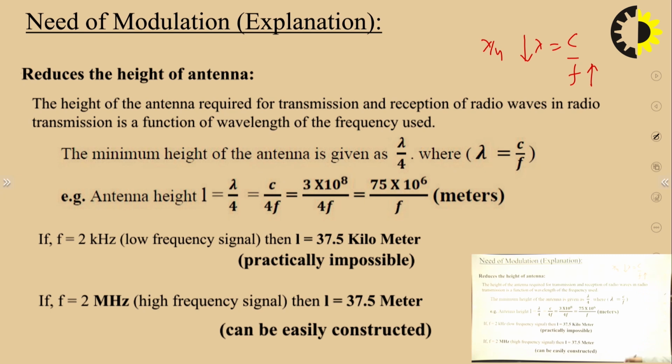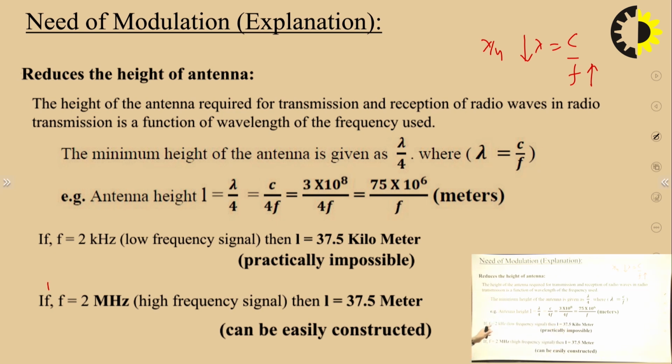Here I have taken the example of lambda by 4 with two frequencies: the first one 2 kilohertz, and the second one 2 megahertz. If you calculate the height of the antenna at 2 kilohertz, it comes to 37.5 kilometer, which is practically impossible.